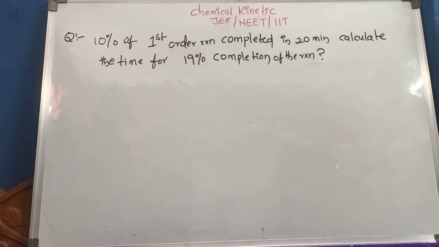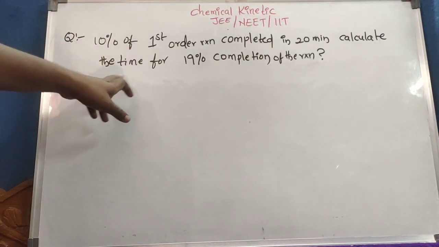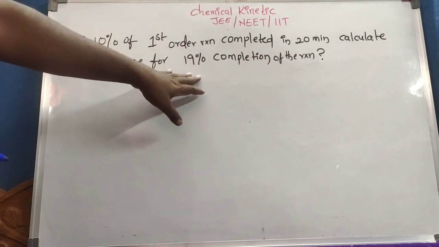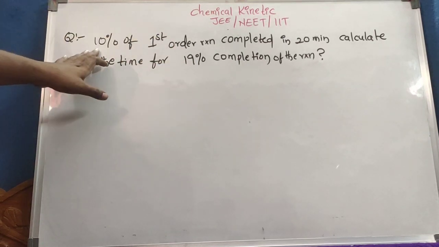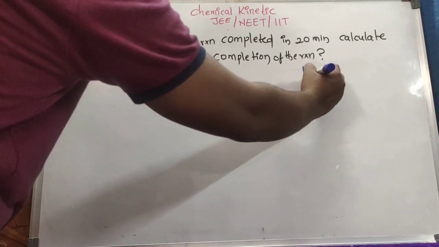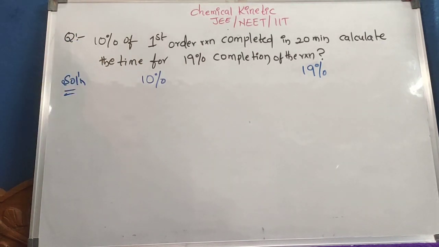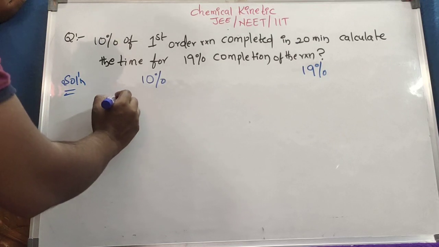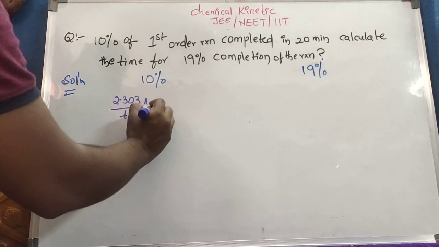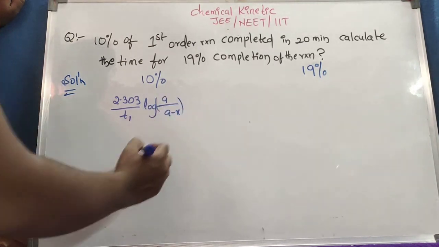Next question is: 10% of a first order reaction is completed in 20 minutes, and calculate the time for 19% completion of the reaction. So here we are taking 10% and 19%. First order reaction means k1 equals 2.303 by t1 log A by A minus x.